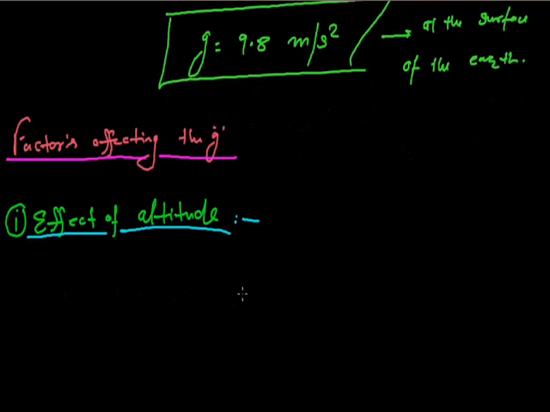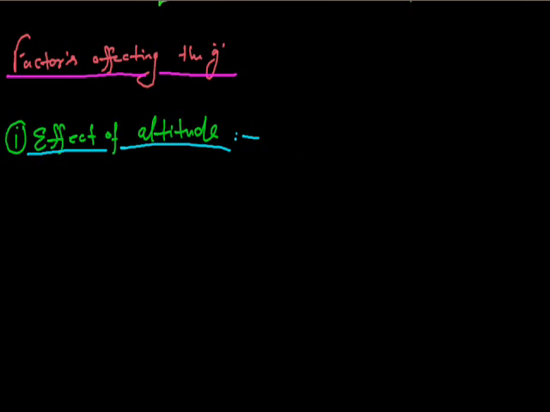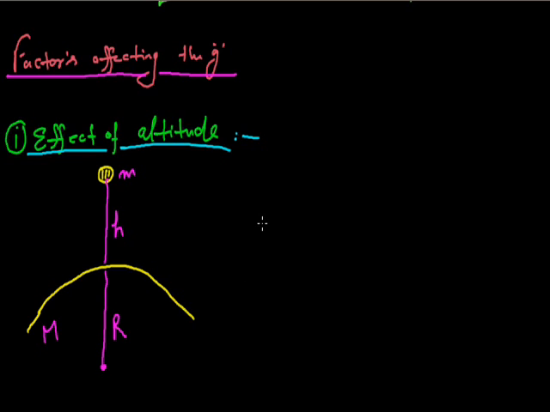It means if the body is at any height from the surface of the earth, let this be the earth and the body is here, the mass of the body is m, the mass of the earth is capital M, its height from the earth's surface is h, and the radius of earth is capital R, then the total distance will be R plus h.